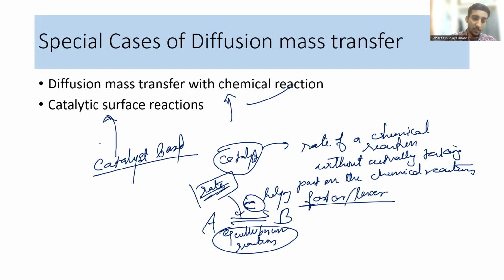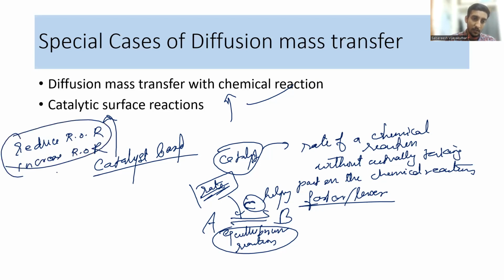It can either reduce or increase the rate of reaction. So the mass generation rate will be affected, as will the ability of the system to accelerate to attain equilibrium.